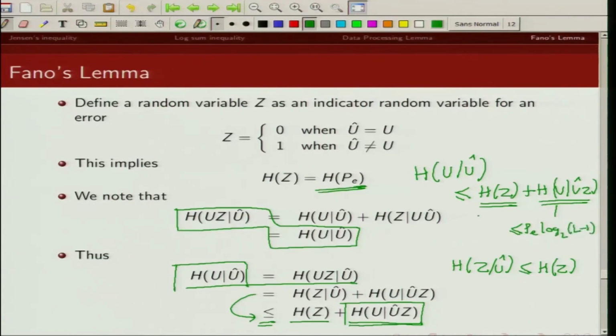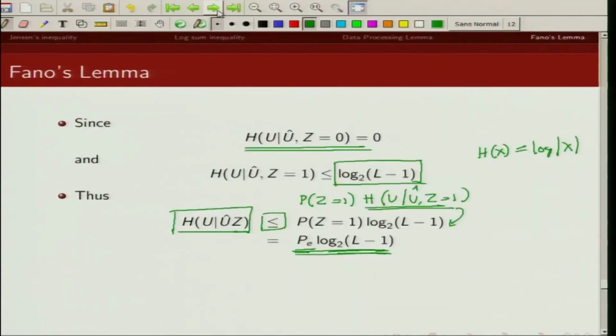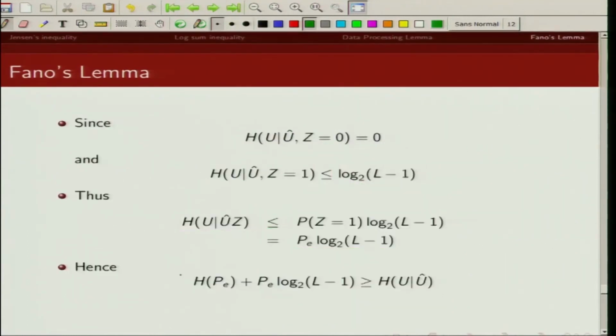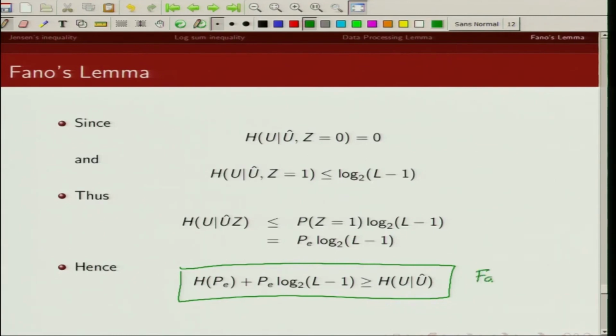So if you plug these values in, we get our Fano's lemma, which is this. Note this is a convex function of p, this is a linear function of p, so it is the sum of a convex function of p and a linear function. So this is what is our Fano's lemma.